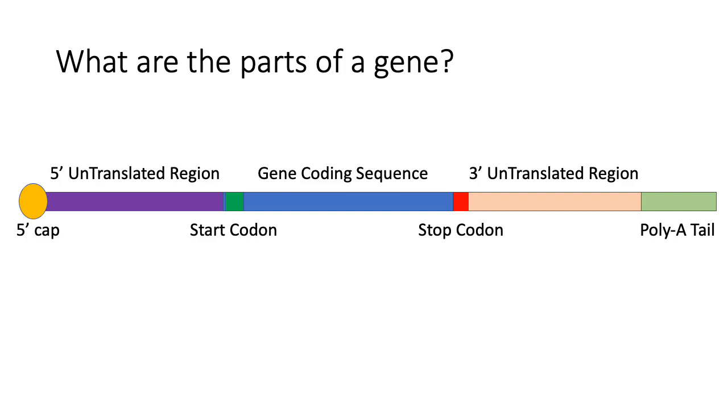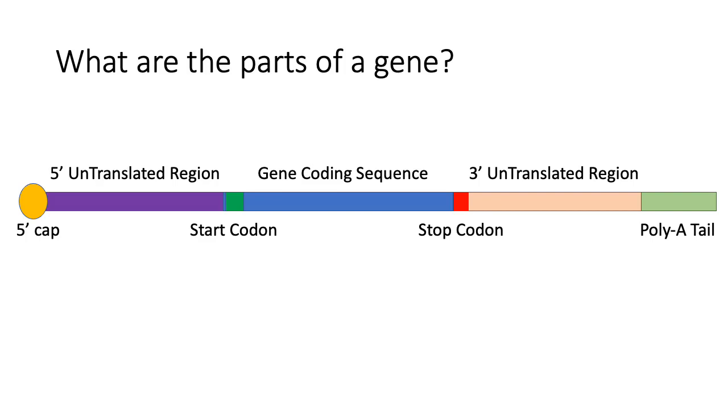Now, this can get a little confusing, so I want to take this piecemeal and not from left to right. The part of the mRNA that actually encodes the protein is not the whole mRNA. It is a subset, a section of the mRNA.